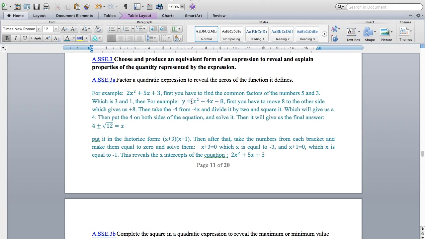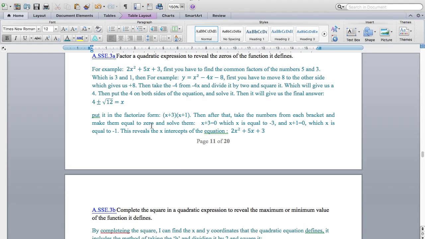So for this one, I found the common factors of this equation, which is 5 and 3. Then answer it.